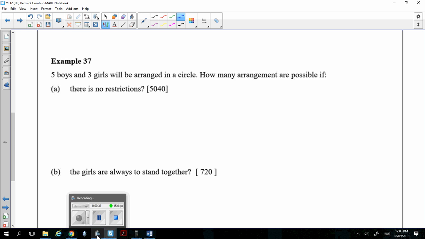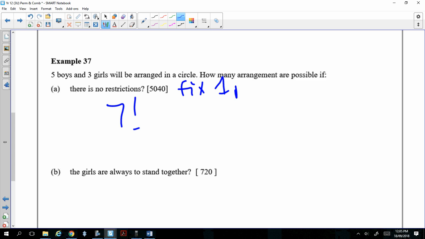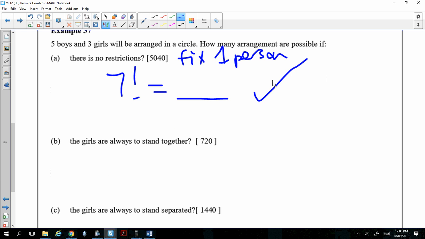The answers? Anyone? Yep. Go. Jacob, say. Yep. Good. All right. Girls are always standing together. You want to try this one as well?